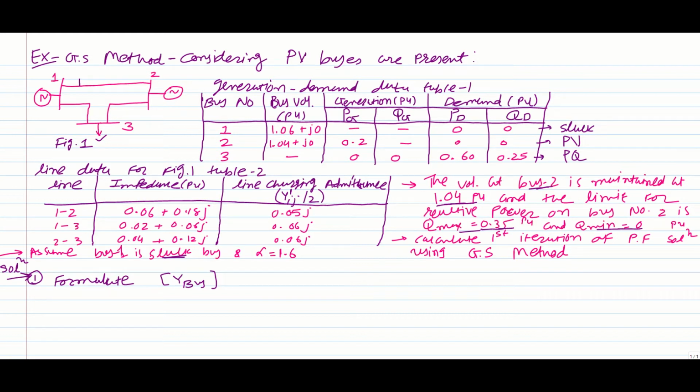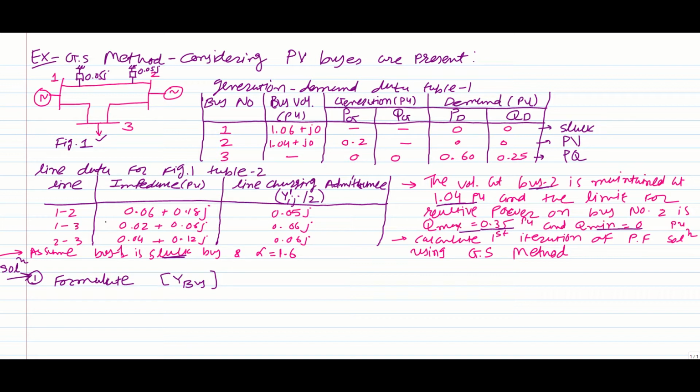So I can write over here in the diagram the line charging admittance offered by the line between buses 1 and 2. It is already given as Yij dash by 2, which means it is already divided.